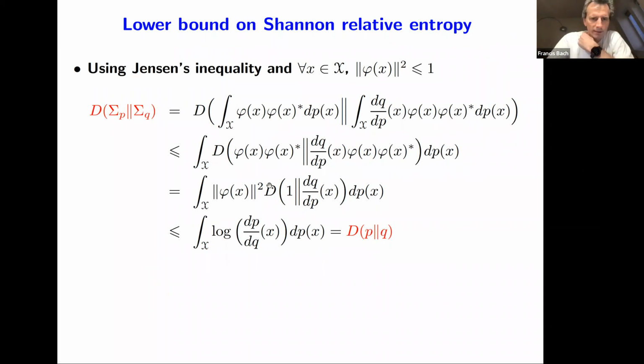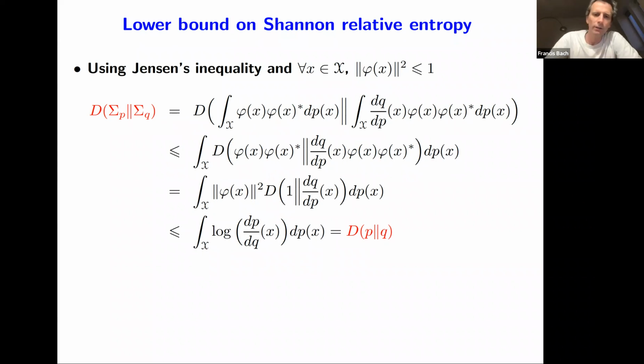And the proof is 4 lines. You first express this sigma p as itself, and sigma q as the integral over dp of the same quantity, but now you introduce the density of q with respect to p.